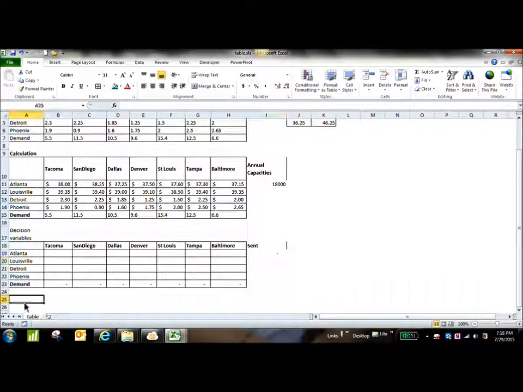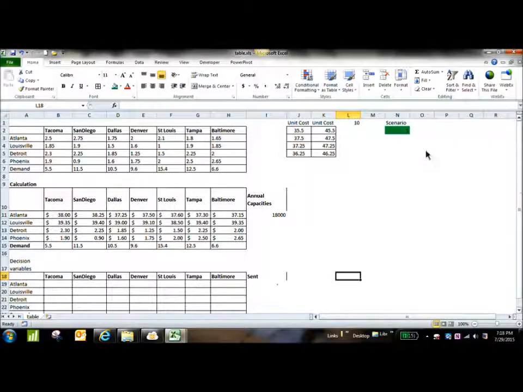And then the objective function: once you set up all the formulas and drag that down, then you set up your objective function, which is a SUMPRODUCT. I'm not going to go through all the details. But that's pretty much how the transportation is set up.